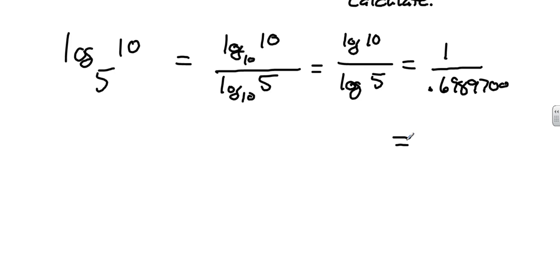It should be 1.4307 if we round that off. In that case log 10 worked out okay, but we'll give you one in a minute where it doesn't work out so nicely.